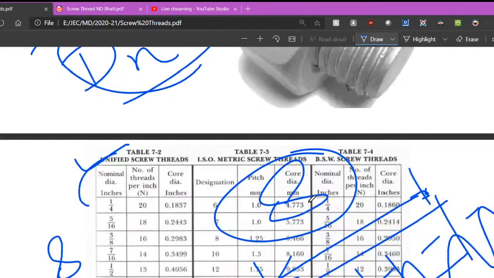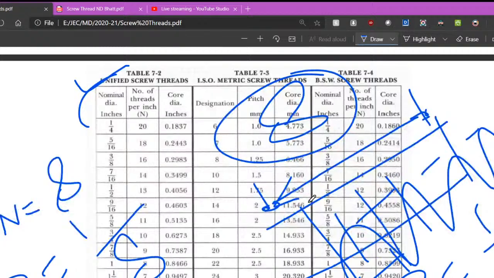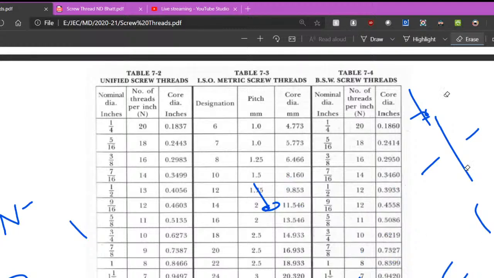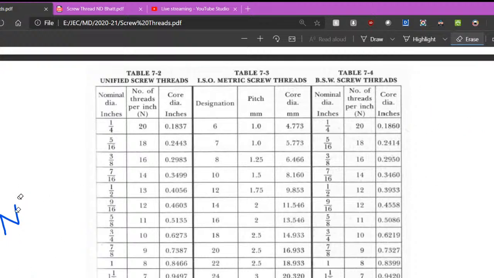Next, remember this table. Whatever nominal diameter you are taking, you have to refer to this table, and based on that table you will be able to get the values, because these are standardized forms.